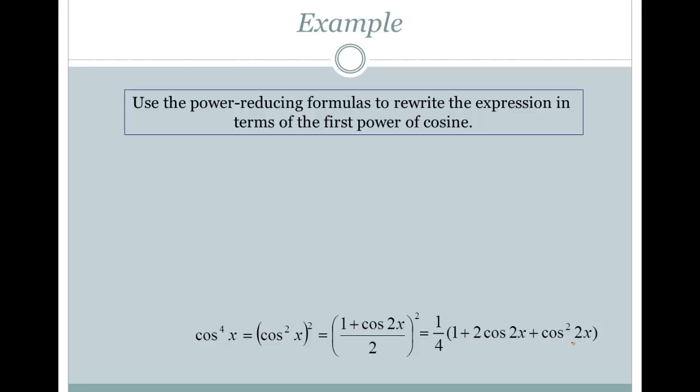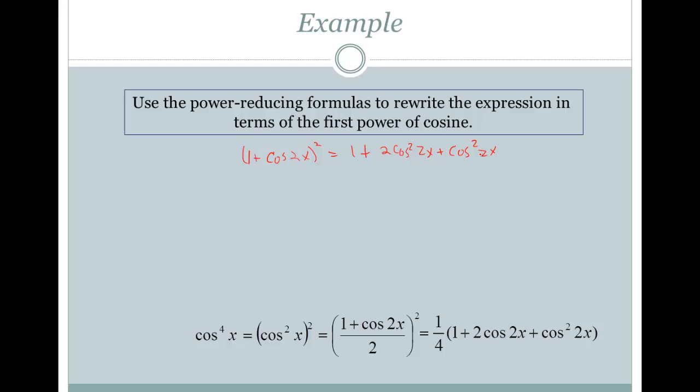So that step right there is coming from the fact that I have 1 plus cosine 2x. If I'm squaring that, I'm going to FOIL it. I get 1 plus 2 cosine 2x plus cosine squared 2x, like that. Now the problem that we have here is that I still have a square term, and I want first powers of cosine, so I have to substitute in again.